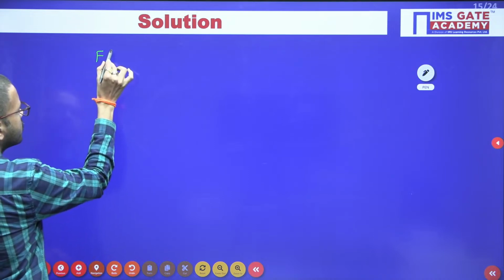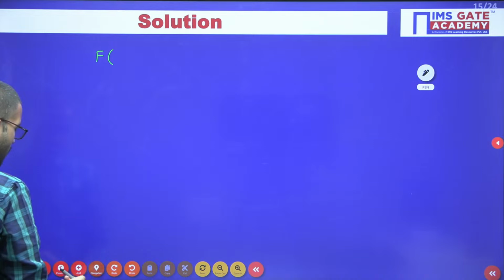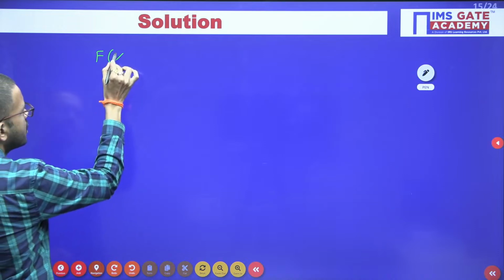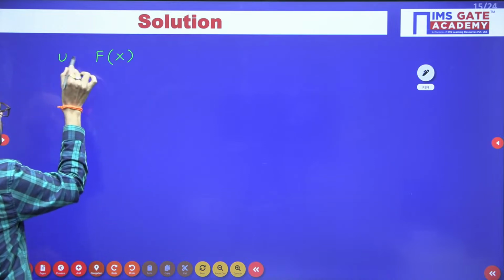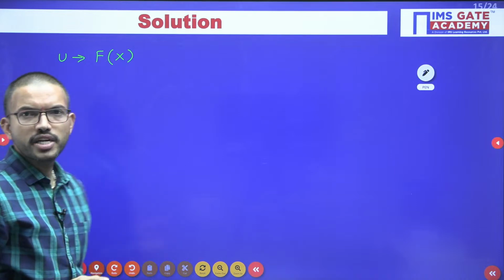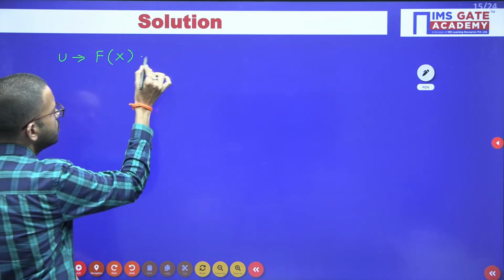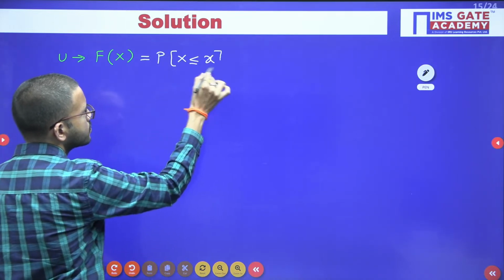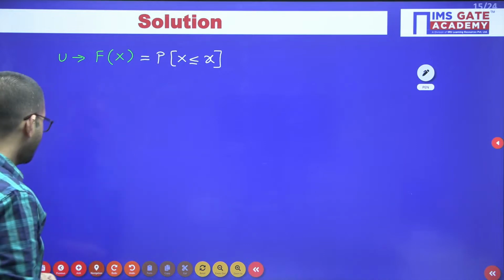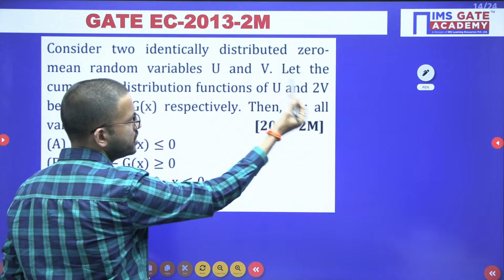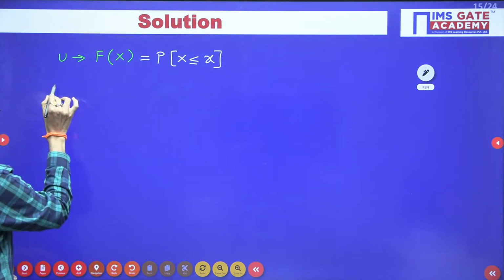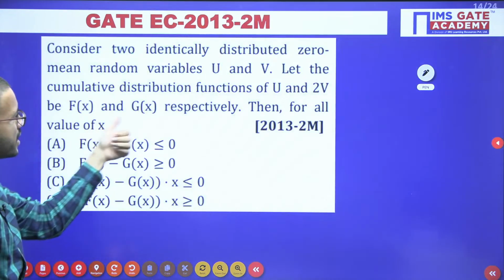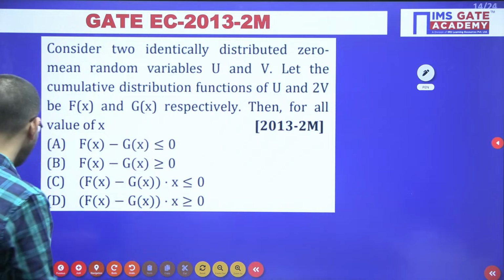For the random variable U, the cumulative distribution function is F of x, which is nothing but probability of U less than or equal to x. And here, instead of V they have considered 2 times V, and for this random variable the corresponding cumulative distribution function is G of x.